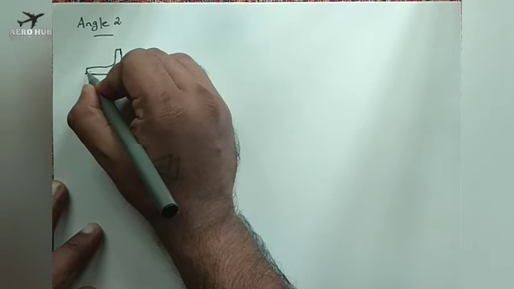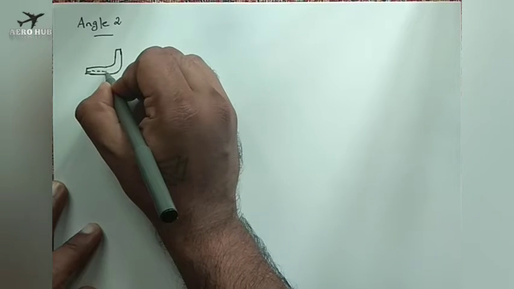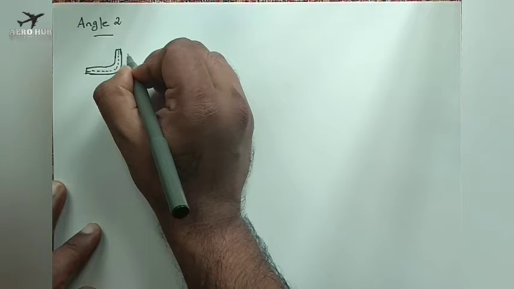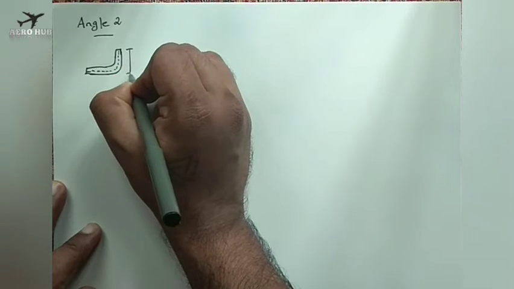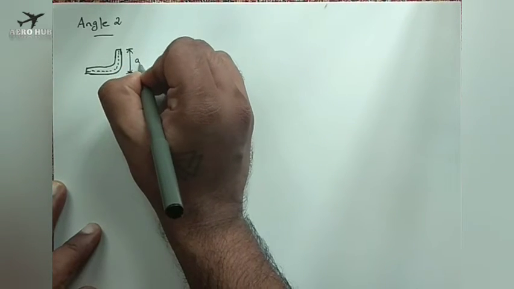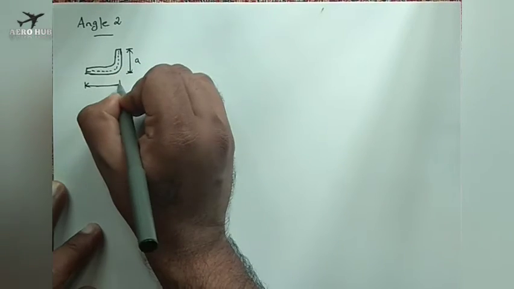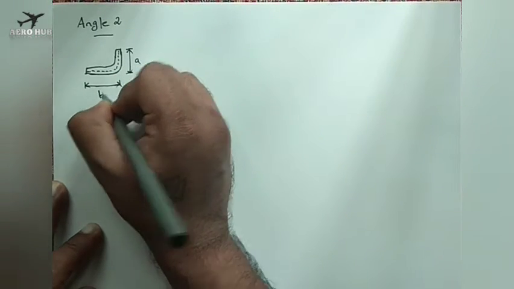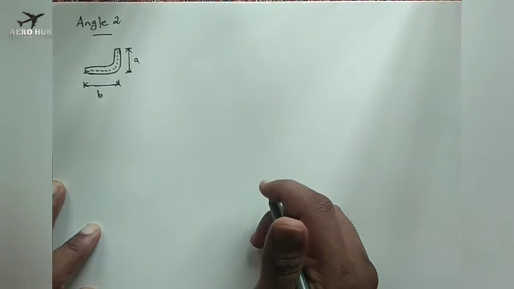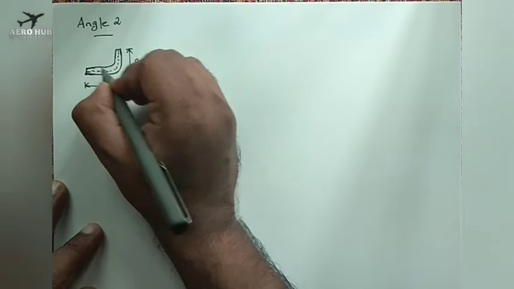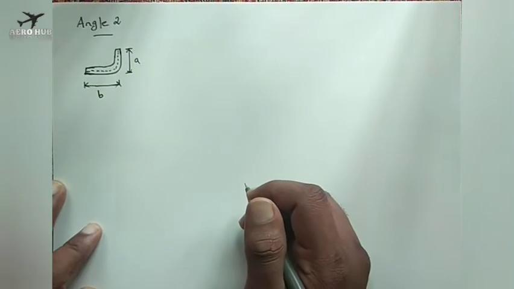And this is a formed section, so we have to consider the center line property. Okay, and this distance is A, and I will take this distance as B. It is visually not good, but you just cope up.